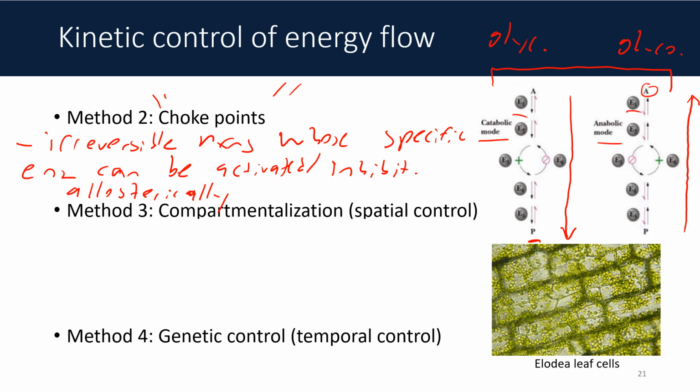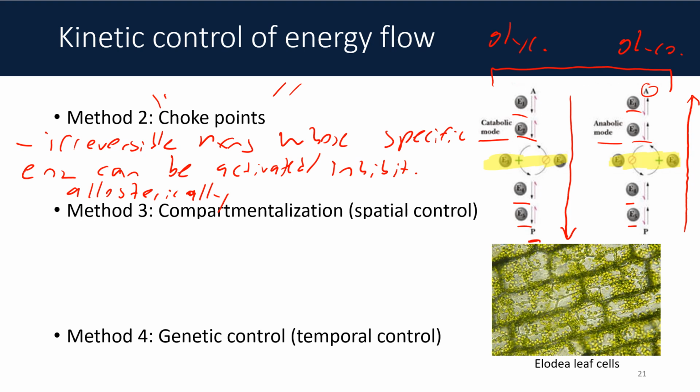Enzyme 1, enzyme 2, enzyme 4, and enzyme 5 are identical in both pathways. These enzymes are reversible. Both pathways are identical, save for enzyme 3 and enzyme 6.